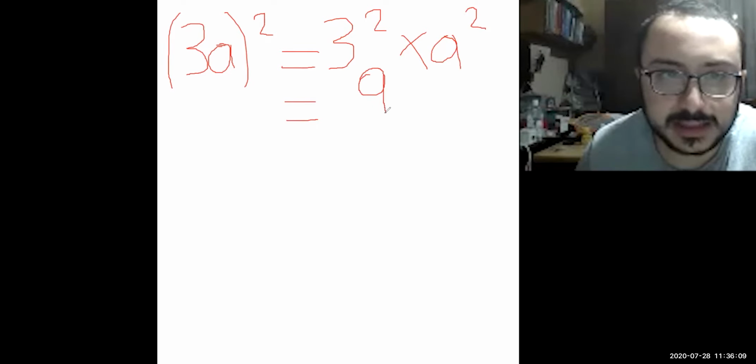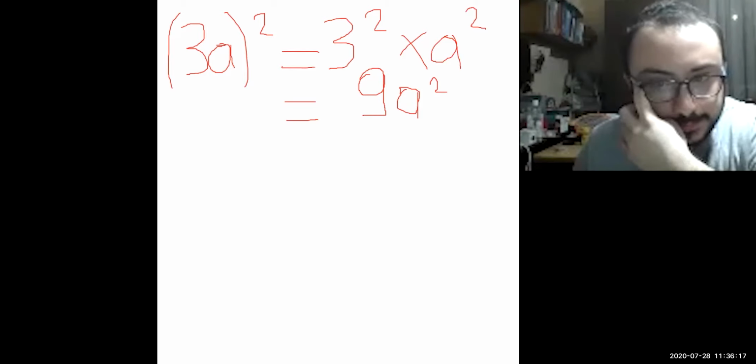So the answer is 9a squared. 9 times a squared means 9a squared. Okay.